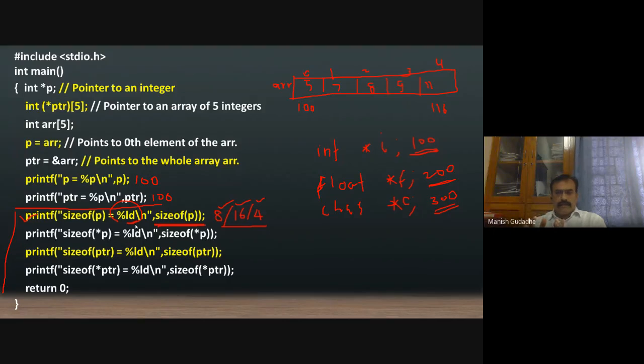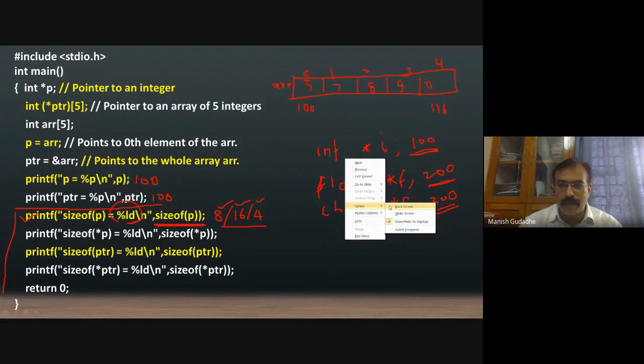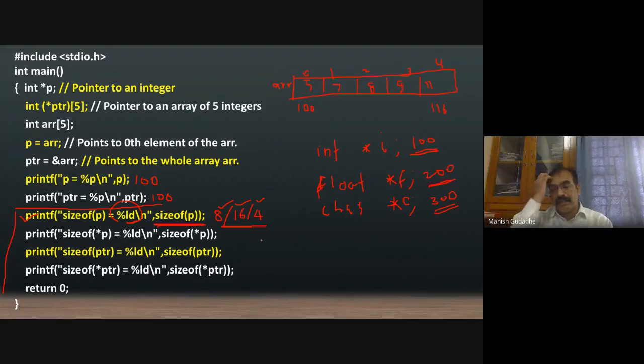That is dependent on the computer, on the system which you are using. It is going to return a number of maybe 4, maybe 8, or maybe 16, depending on your machine. What is the background of this?